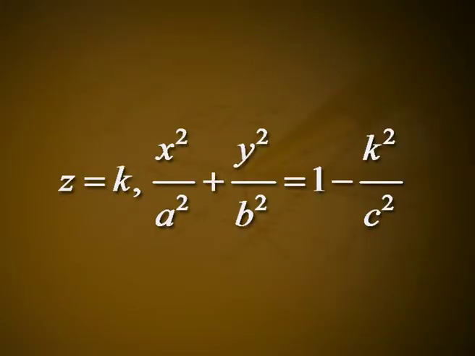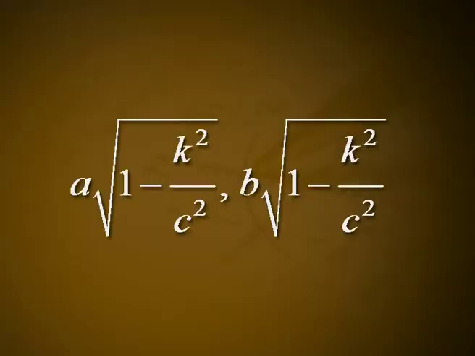Section of the surface. The section of the surface 2 by the plane z is equal to k, parallel to the x y plane, is given by the equations z is equal to k, x square by a square plus y square by b square is equal to 1 minus k square by c square.